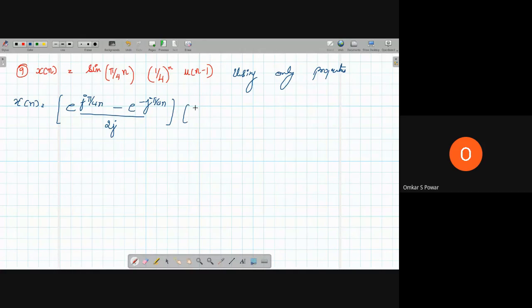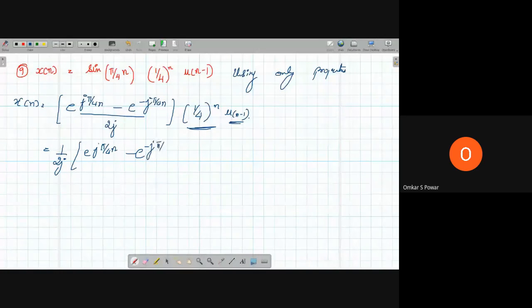Then this one, half times (1/4)^n into u[n-1]. Here u[n-1] is there, so I have to express this in terms of n-1. See what I'm going to do: 1 by 2j times (e^(jπn/4) minus e^(-jπn/4)) times n. This one I can express as 1/4 times (1/4)^(n-1) u[n-1], because u[n-1] is there.